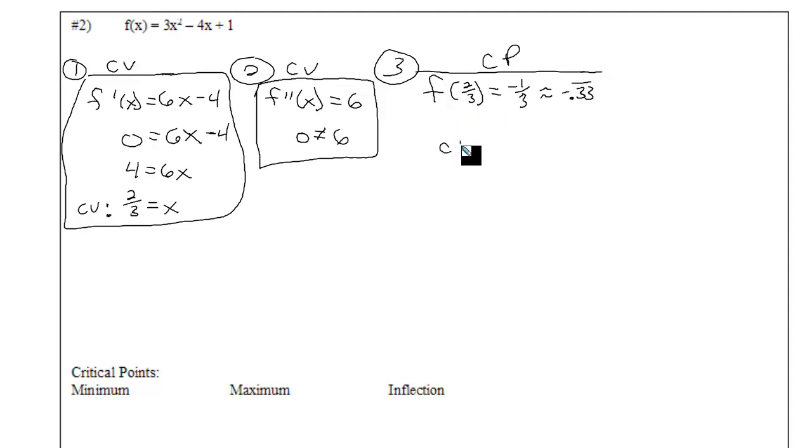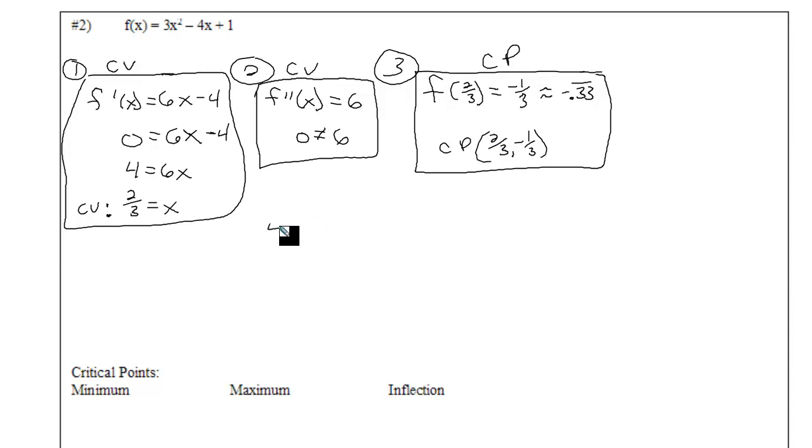So my critical point is 2/3, negative 1/3. Hopefully you recognize that 2/3 as a decimal is 0.6 repeating. When given the opportunity, I prefer to leave the exact answers.